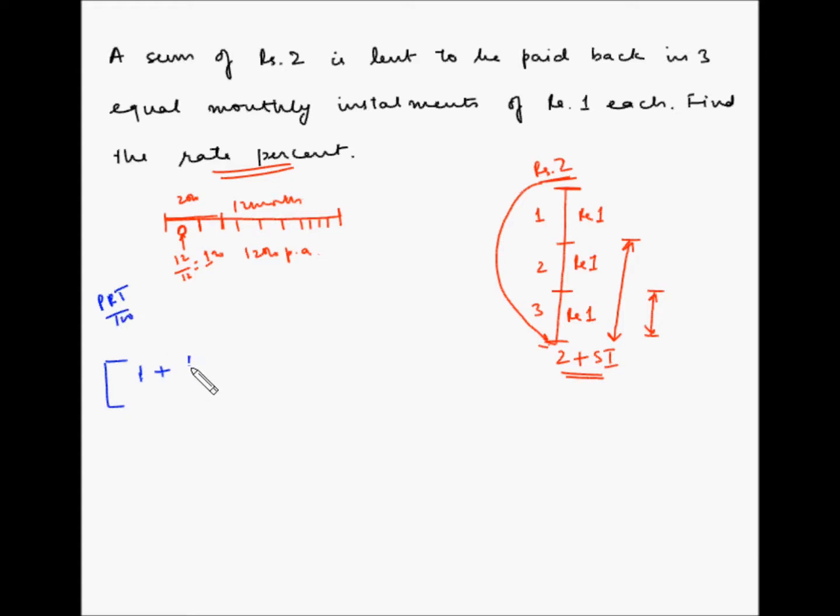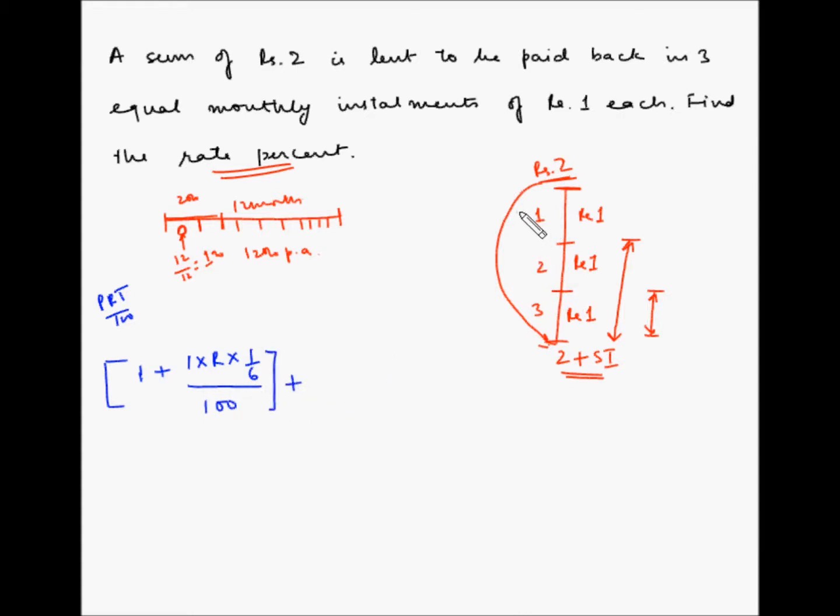So principal is 1 multiplied by the rate, which is R, multiplied by the time. So the rate is going to be expressed in terms of per annum, so time also we have to express in terms of years. So 2 months is the time period for this interest. So 2 divided by 12, which is 1 by 6, and this whole thing divided by 100.